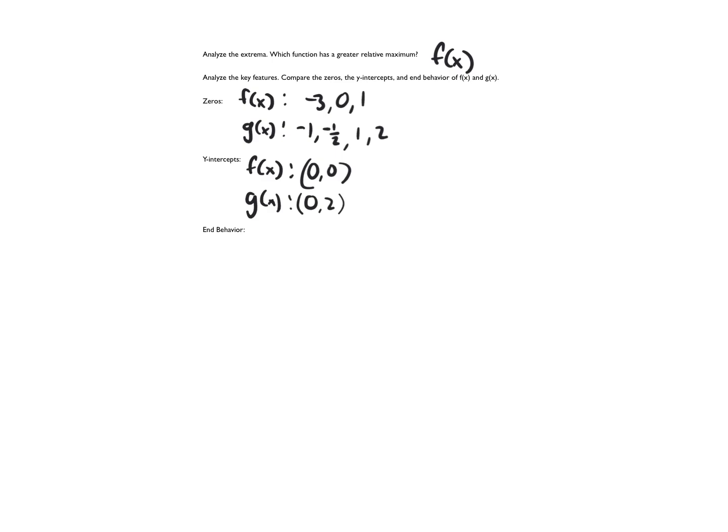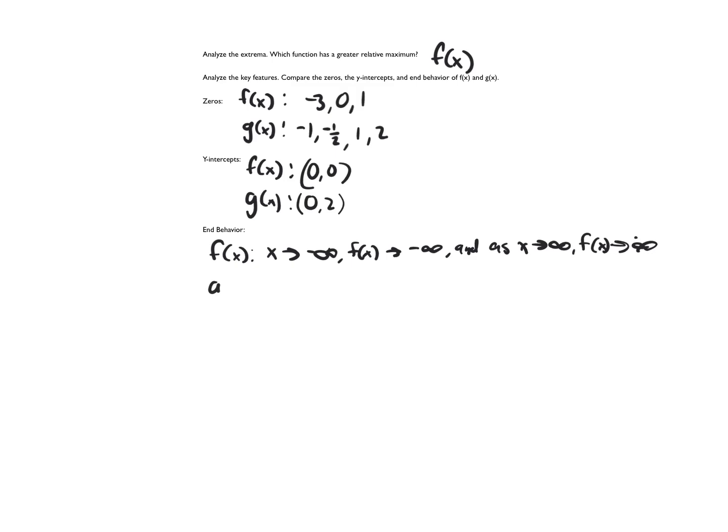Now, the end behavior for f of x. As x goes towards -infinity, f of x goes towards -infinity as well. And as x goes towards positive infinity, f of x goes towards positive infinity.